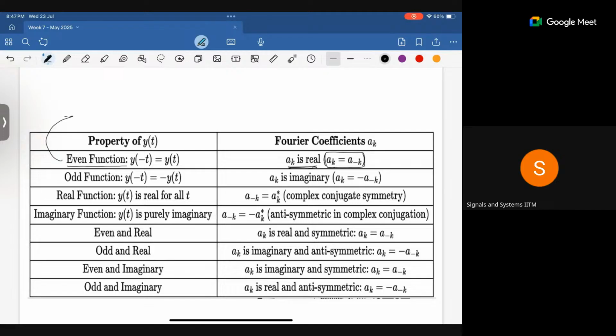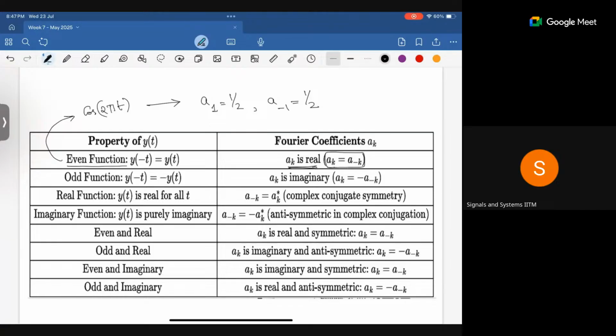We have done an example of this, right? If you remember cos 2 pi t, this is an even signal. And if you remember, the coefficients that we got are a1 as half and a minus 1 as half, and everything else is 0. Here also you can see the coefficients are even, and they are real. Half and half, they are real.